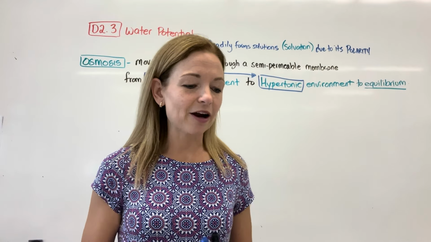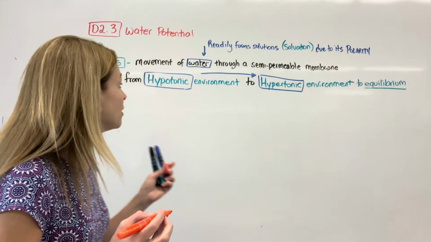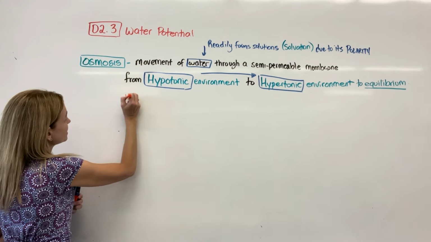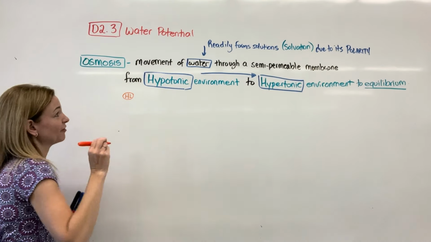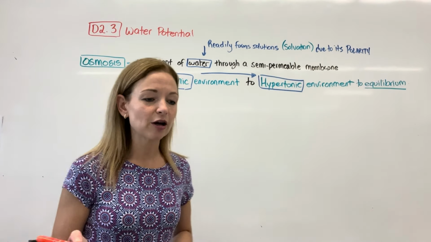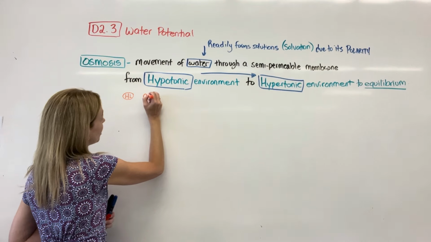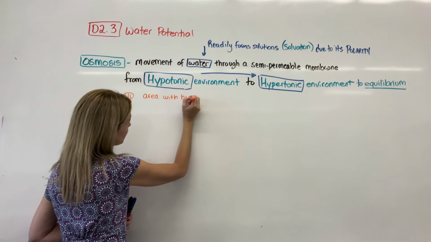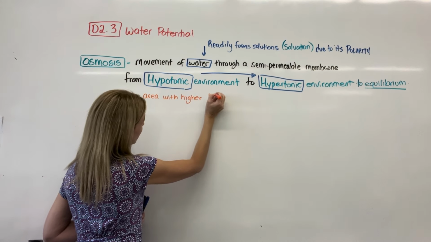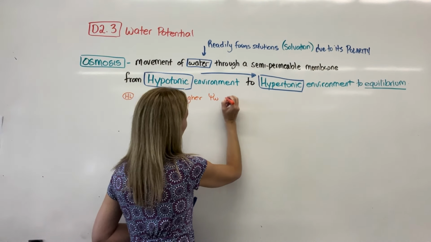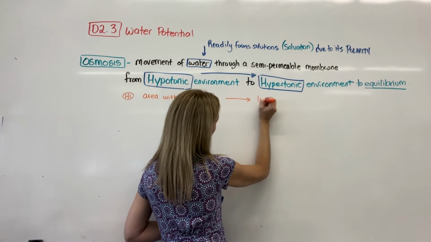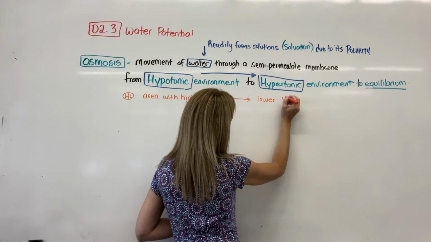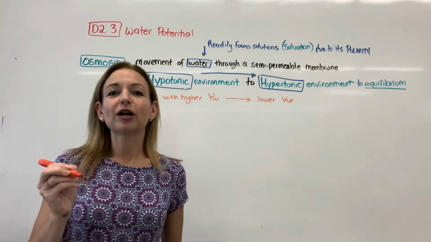Underneath it, I'm just going to add our HL terminology as well. So for HL, instead of just being able to say from hypotonic to hypertonic, we would want to say from the area with higher water potential to the area with lower water potential. So you need both.